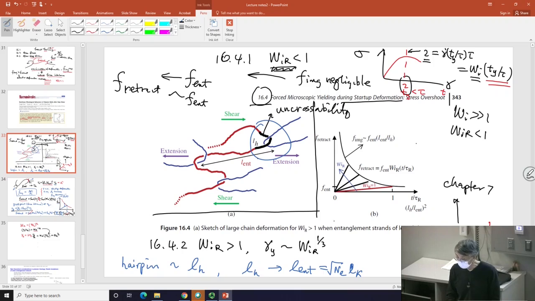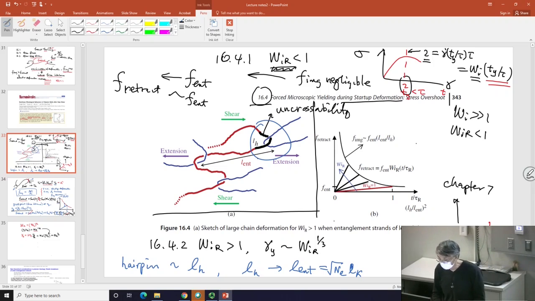I just want to indicate that this 1/3 scaling is formally argued in this manner.